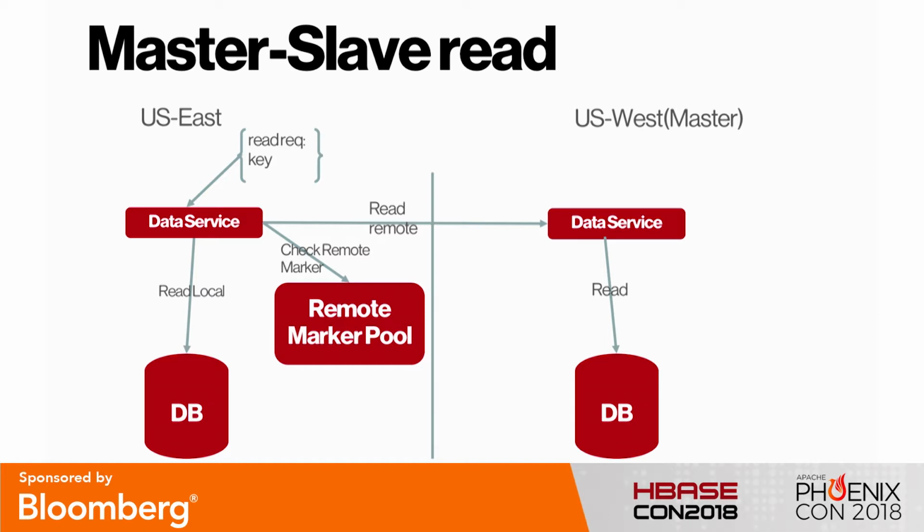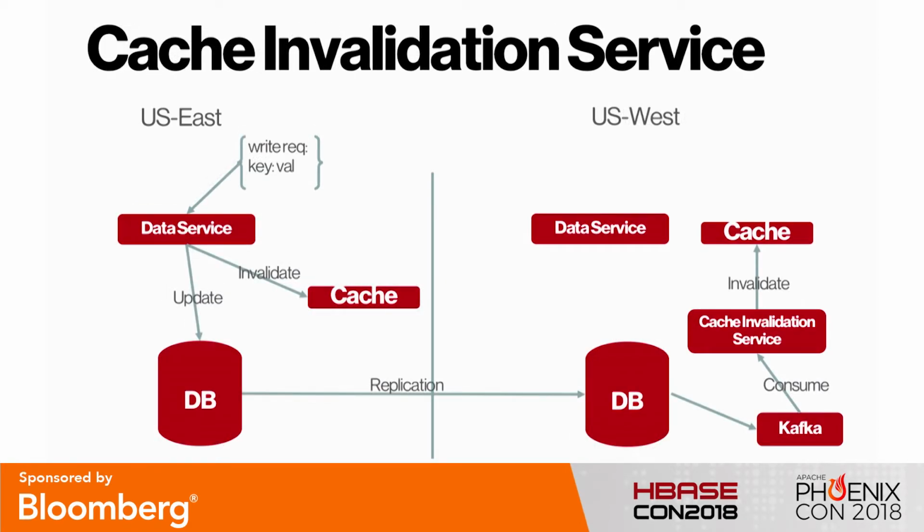To avoid that case, we introduced another service called the cache invalidating service. Besides cleaning the remote marker, the cache invalidating service will also deal with cache consistency, which is the local consistency between cache and database.